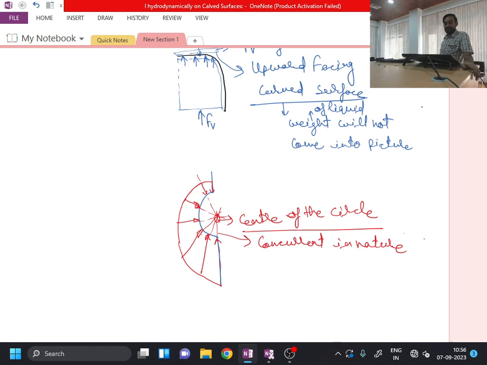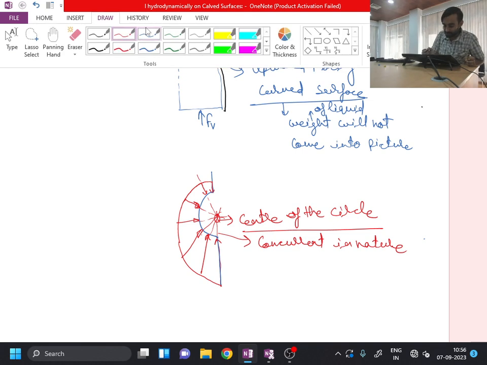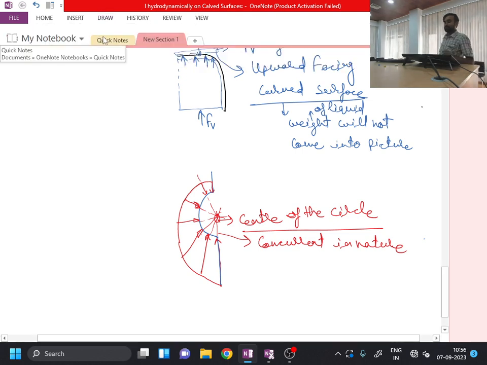Now these concurrent forces, whatever resultant they produce, that resultant must also pass through the center of the circle, because the line of action of the individual forces passes through the center. But where should it be located? Should it be in this exactly horizontal plane, or below the horizontal plane? Can you answer?